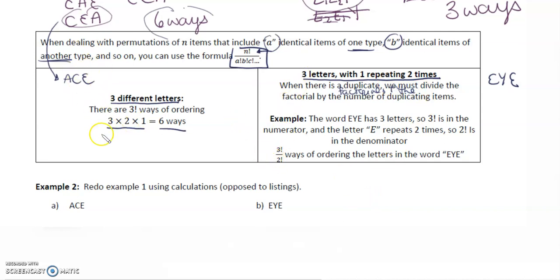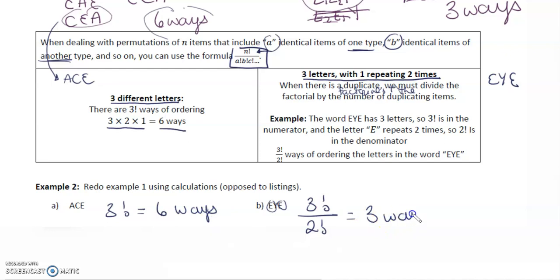If we redo the examples in number 1, ACE, we're going to get 3 factorial, which is just 6. EYE, we're going to get 3 factorial, but there's 2 E's, so we're going to divide out 2 factorial. So we're going to get 3. So this is 6 ways to order them and 3 ways to order them.